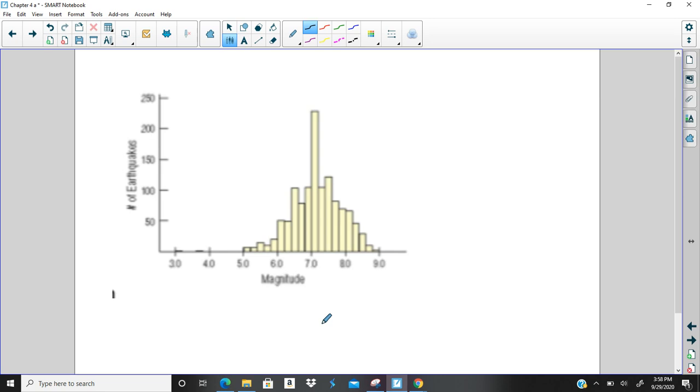That would be fine to say. Approximately 7. I would then say that the spread looks to be from 3.0 to 9.0. So 9.0 minus 3.0 is 6. It's going to be the range. That's my spread.